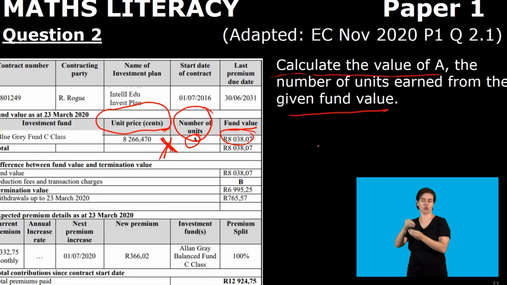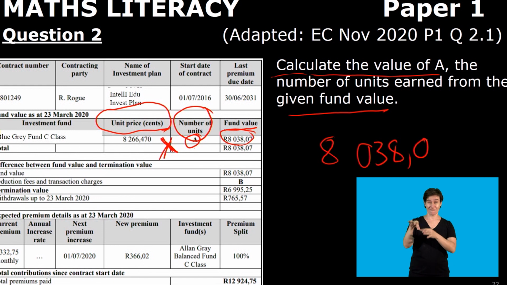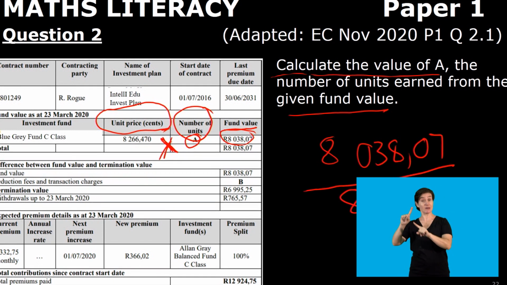So now what you're going to do is you are simply going to do the opposite, where you take the fund value and divide it by the number of units. Remember again, do not round in steps, round your answer.